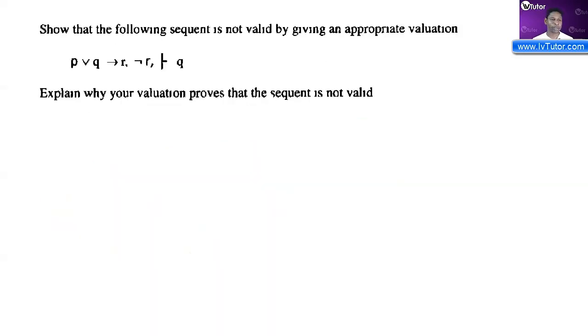This is an extract from a past paper. It says, show that the following sequent is not valid by giving an appropriate valuation. So number one, what is the appropriate valuation to prove non-validity? There are multiple, right? But to prove that something is not valid, you need an exhaustive approach that will let you know it's not valid.